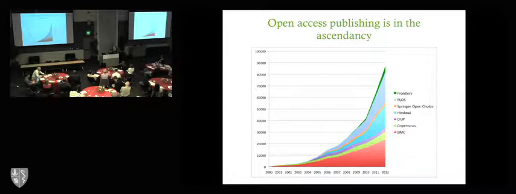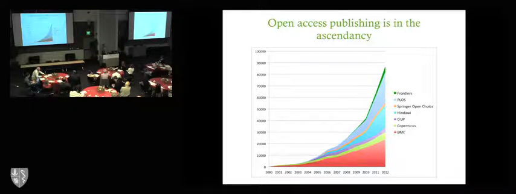Now it's a thriving business. PLOS publishes the single biggest biomedical research journal in the world, and our growth rate is something that I'm sure most publishers would kill for, in terms of the number of new papers we get every year compared to what we had before.